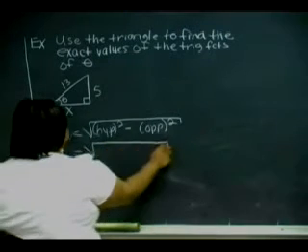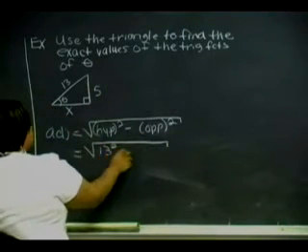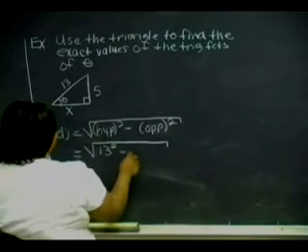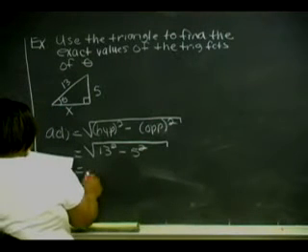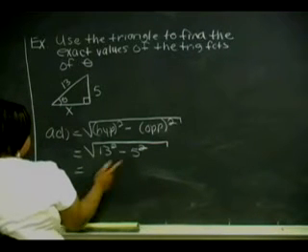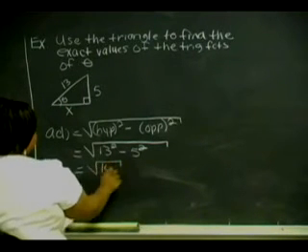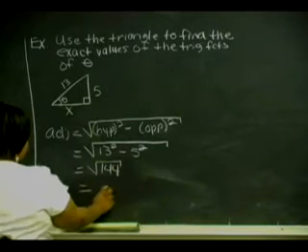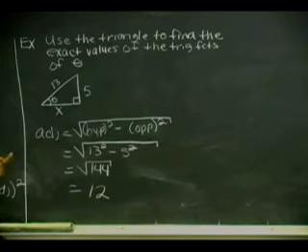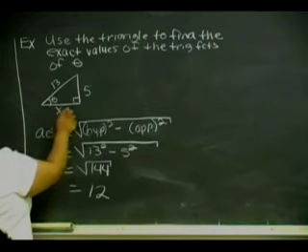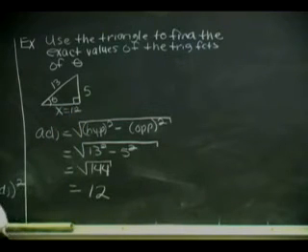Square root, hypotenuse is 13 squared minus opposite, which is 5 squared. 13 squared is 169 minus 25. Square root of 144, which is what? 12. And we take the positive square root, because we're dealing with length, right? Can't have negative length. So x is 12.